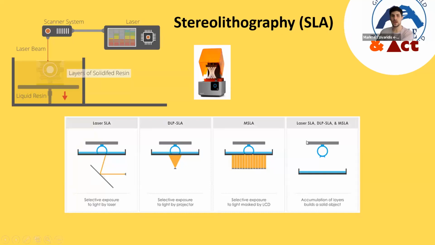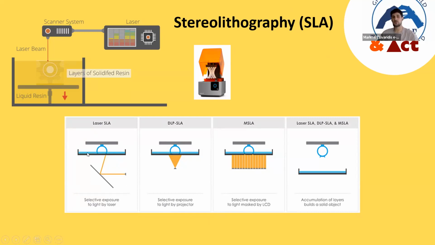Now, this is, let's say, an umbrella term again for three different types of SLA technology. The first one is the laser SLA. Now, what happens here is that the laser beam goes through a mirror, and then this laser beam reaches, let's say, the pool of plastic.